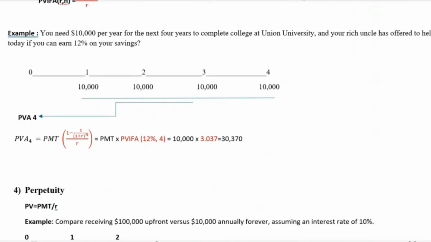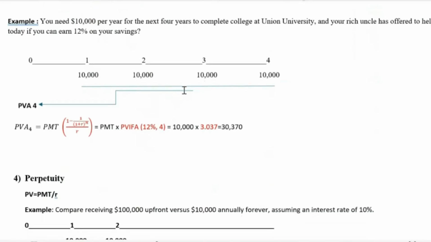I want to start with this example. For example, a freshman student attending a university anticipates he is going to need $10,000 every year for the next 4 years to complete his college education.